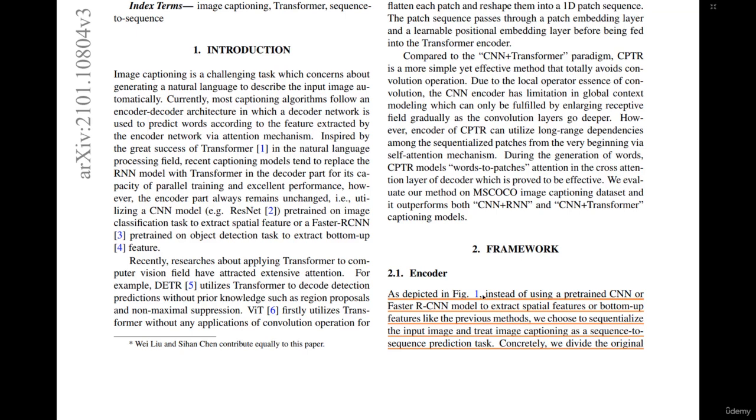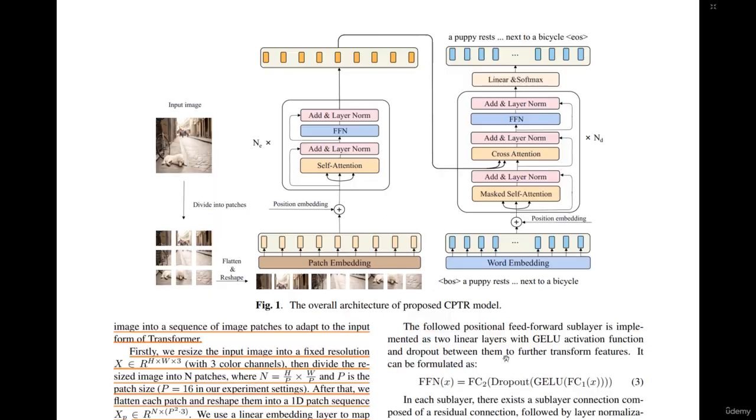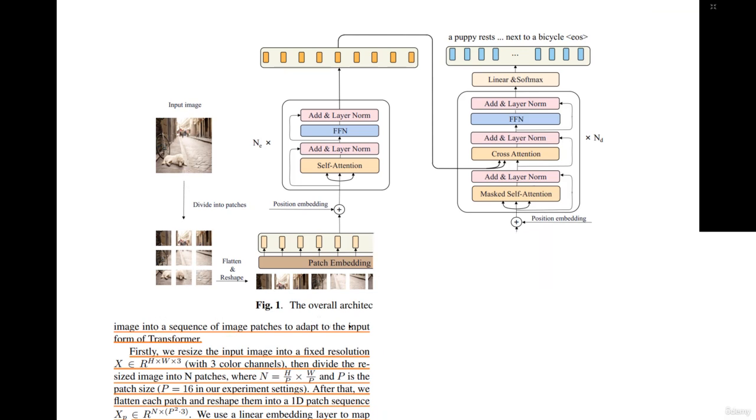So that said, instead of using a pre-trained CNN or Faster RCNN model, which is a pre-trained object detection model, to extract spatial features or bottom-up features like the previous methods, they choose to sequentialize the input image and treat image captioning as a sequence-to-sequence prediction task. Concretely, they divide the image, which is this for example, into a sequence of image patches to adapt to the input form of the transformer.